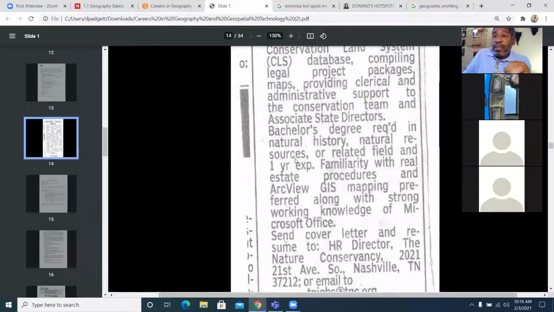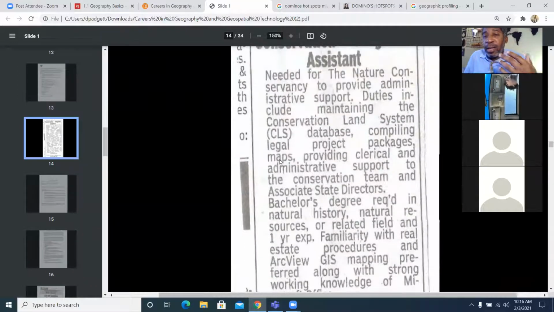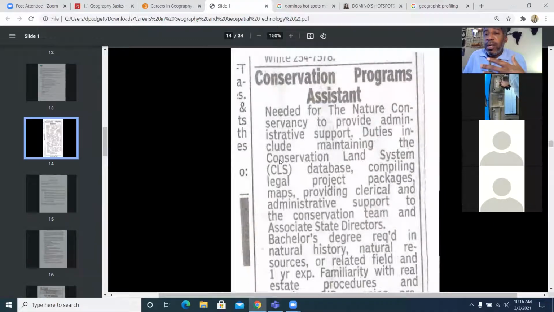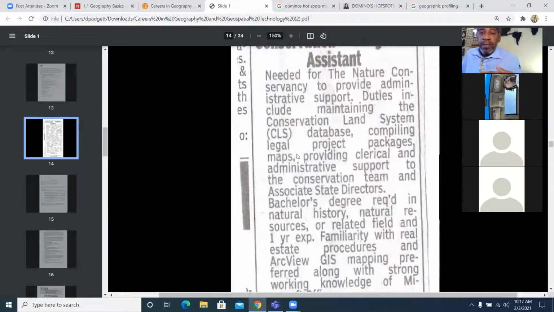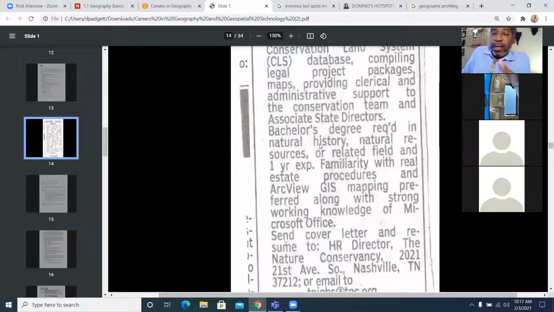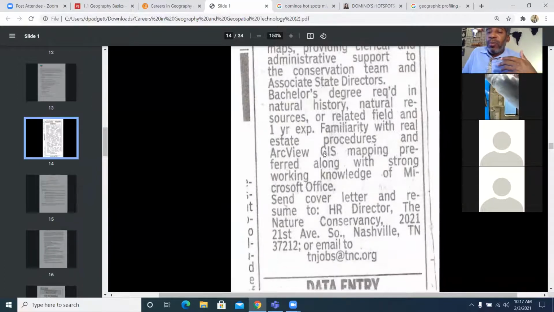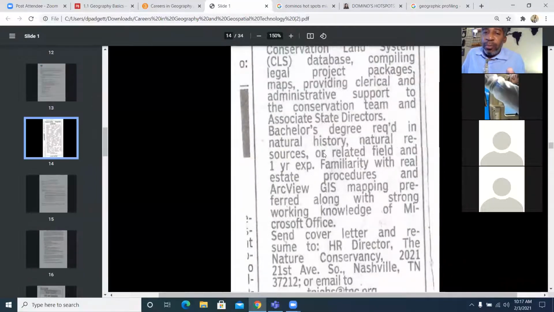You can add GIS to your skill set, but you do have to have an understanding of your content area. So whoever gets this position would obviously have to understand biology and ecology and so on and so forth, natural resources. But then what would push the person over the top would be having GIS experience.